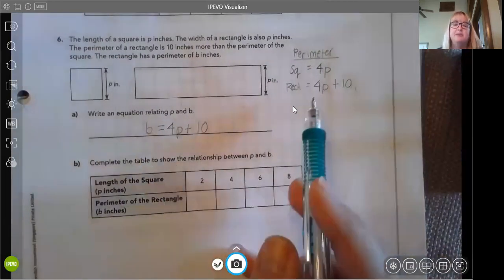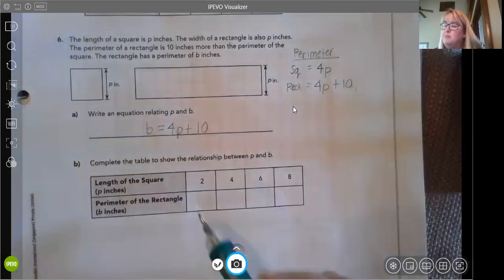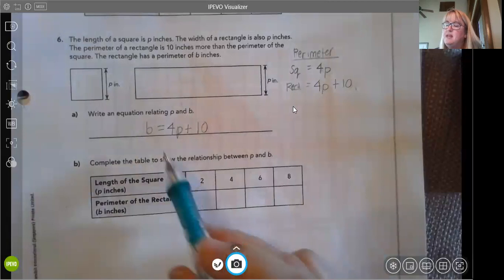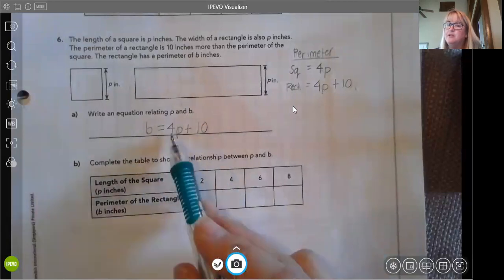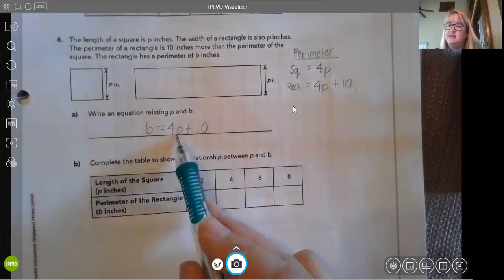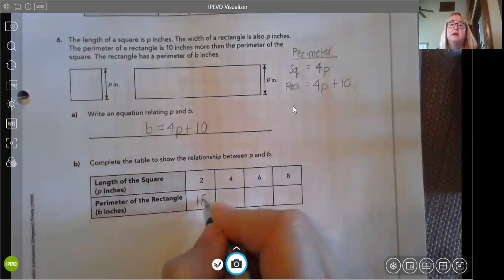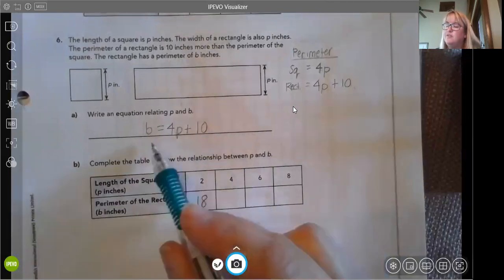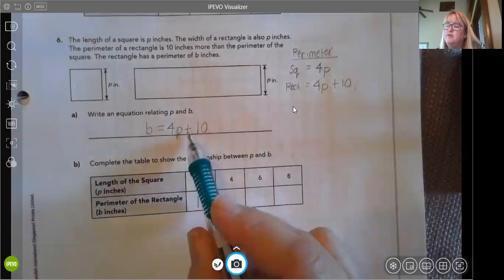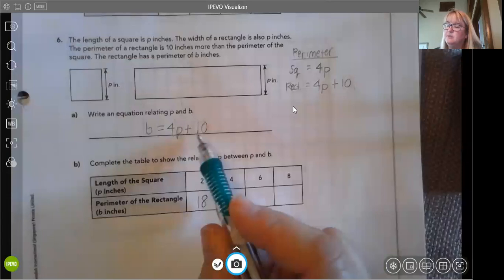Now complete the tables to show the relationship between P and B. When P is 2, B equals 4 times 2 plus 10. 4 times 2 is 8, and 8 plus 10 is 18. When P is 4, B is 4 times 4 plus 10. 4 times 4 is 16, and 16 plus 10 is 26.